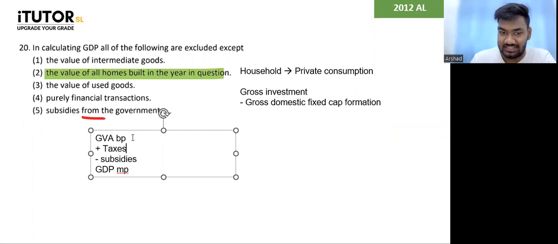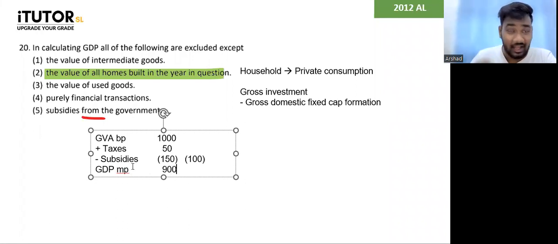For example, let's say gross value added at basic price is 100, taxes in that economy is 50, and subsidies in that economy is 150. Then how much is our net tax figure? Our net tax figure will be minus 100.